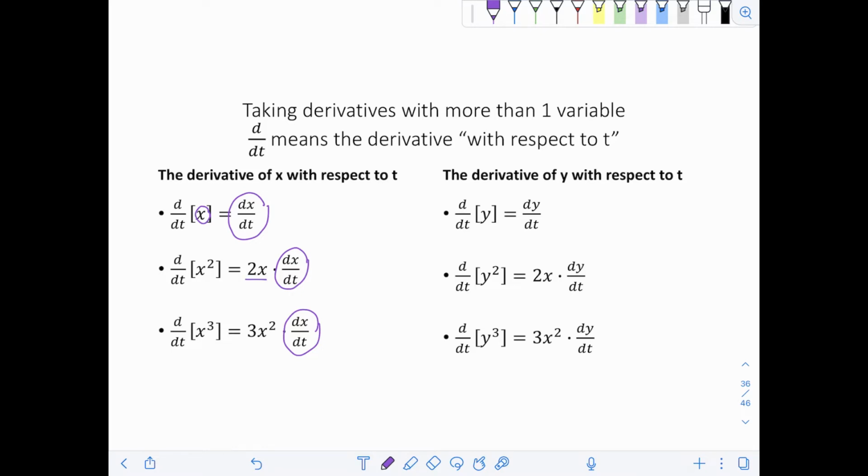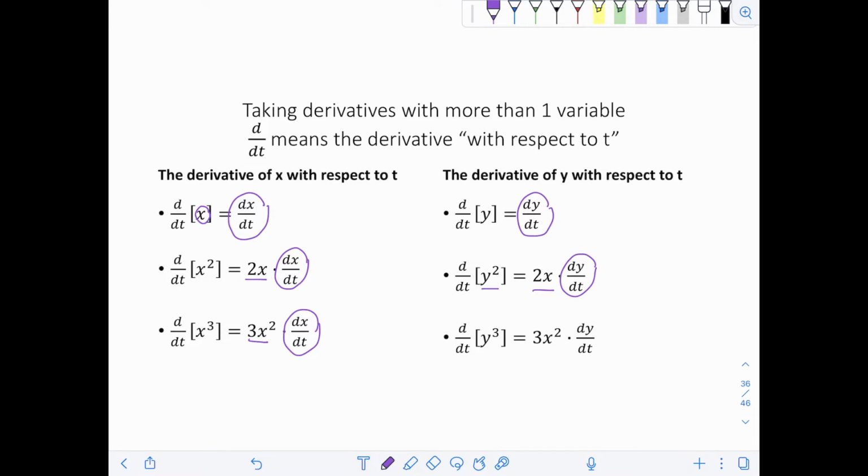And other than that, the first part is the regular derivative. And then when we take the derivative of the other variable, like a y, if it's just y, it would be dy dt. Or if you take the derivative of something more complicated, like a y squared, we would use our regular derivative rules, but then multiply by dy dt.